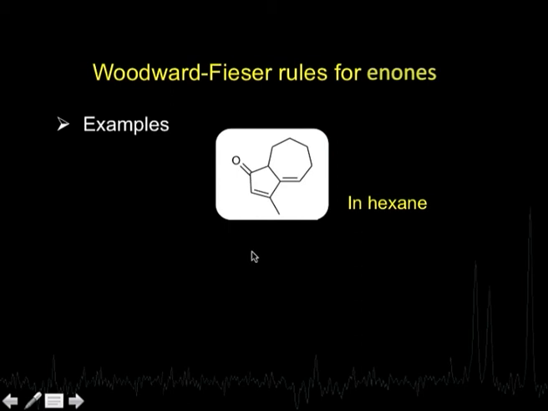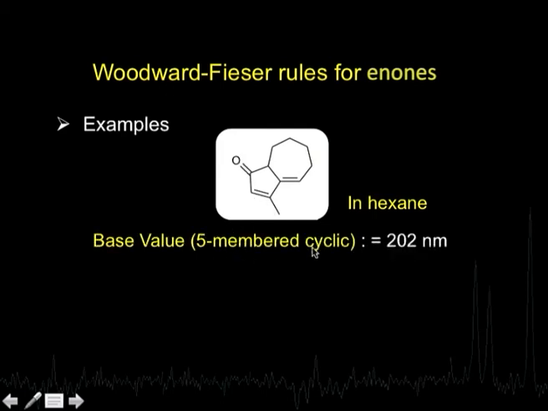The basic things remain the same: we start by looking at the basic chromophore, and that chromophore is part of a 5-membered cyclic ring, so it is 202 nanometers. Then we have extension of conjugation, and also substituents at the beta, gamma and delta positions.